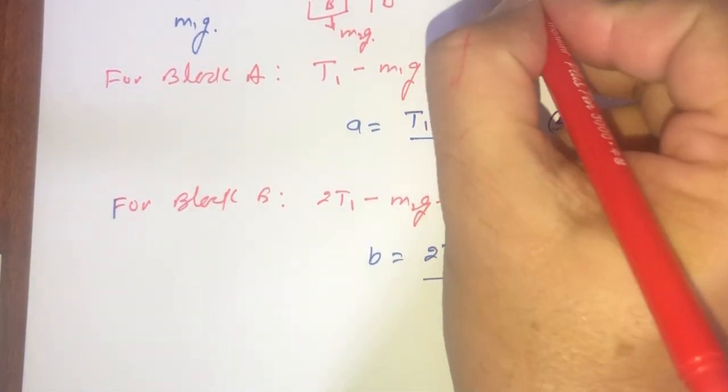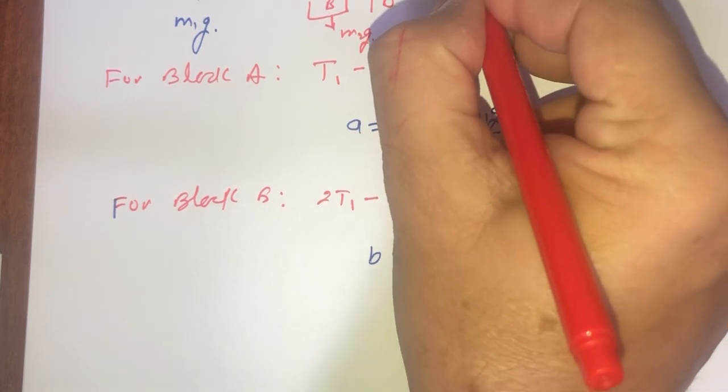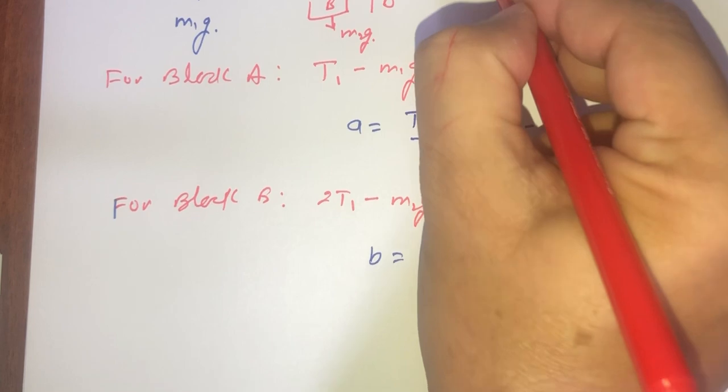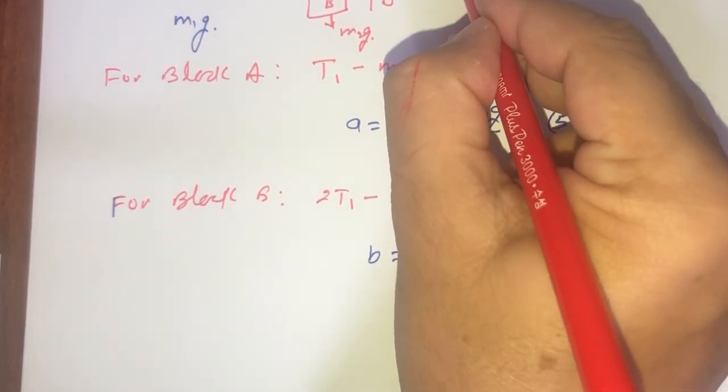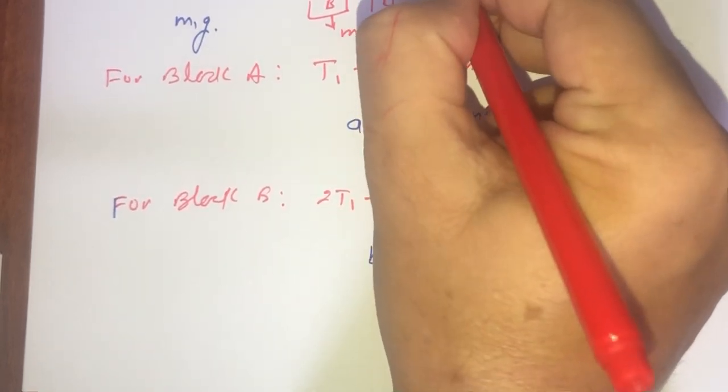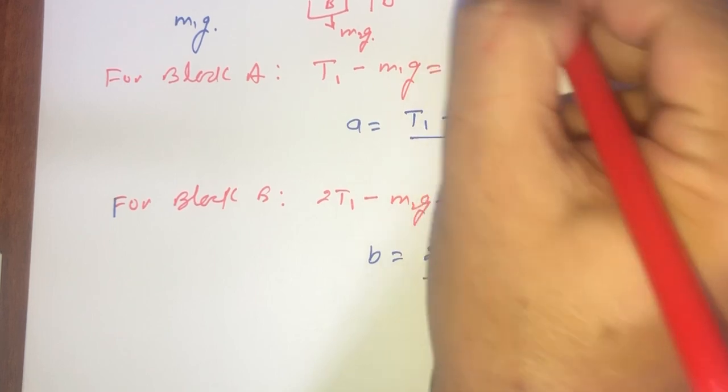And for pulley F, we can also draw the free body diagram. So this is pulley F, this was pulley E, and it is acting T1 tension. Let us suppose this is T2 as well as this is T2.